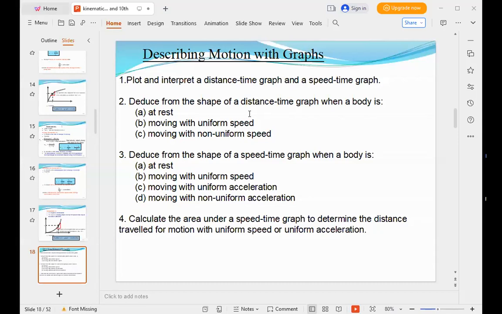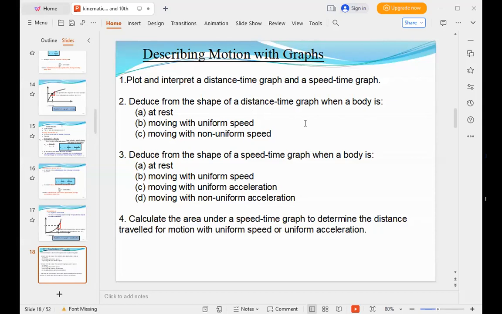Now, when we are discussing graphs, basically we discuss gradients. What is gradient, by the way? Rise over run, or y upon x is the gradient.